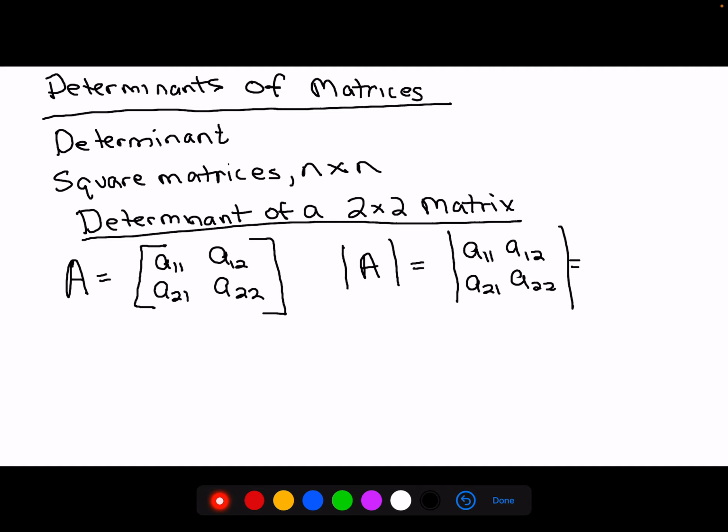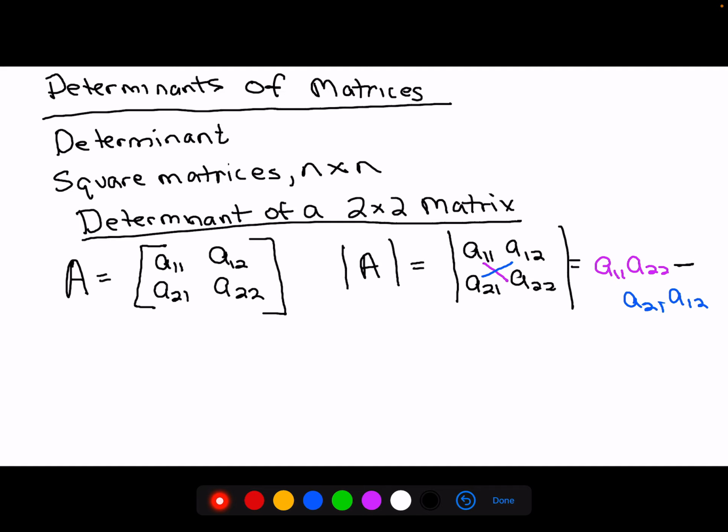And it's found by doing this crisscross sort of multiplication and subtraction. You're going to take A11 and A22 and multiply those two together. And you're going to take A21 and A12 and multiply those together. And you're going to subtract the results.